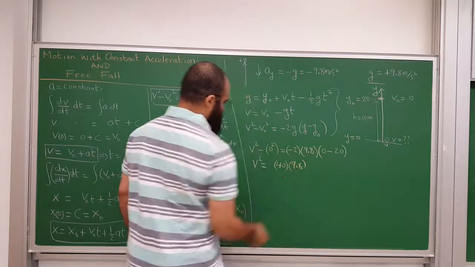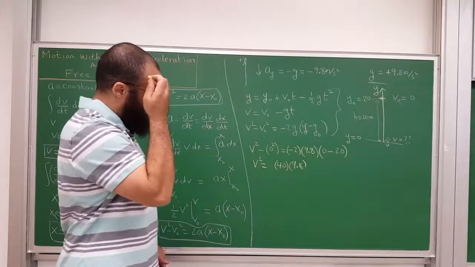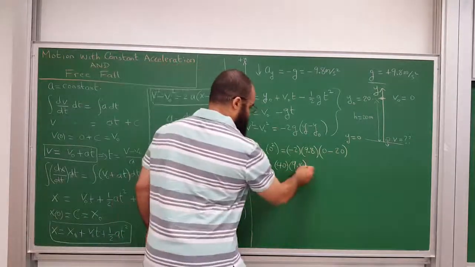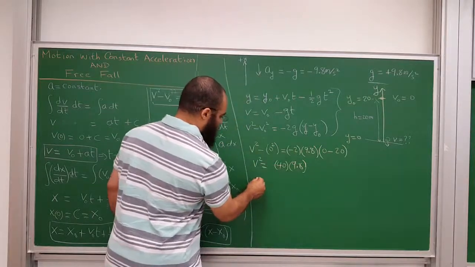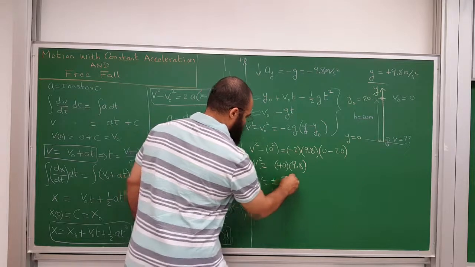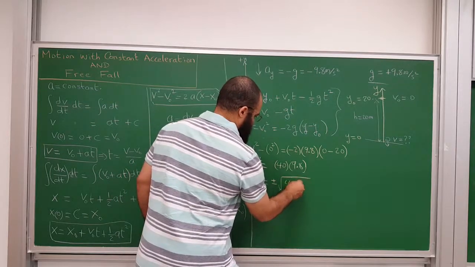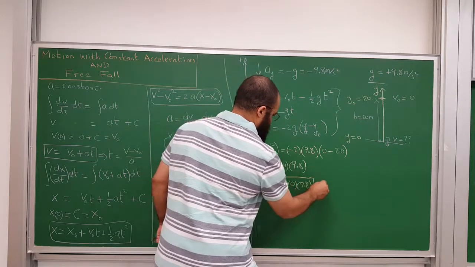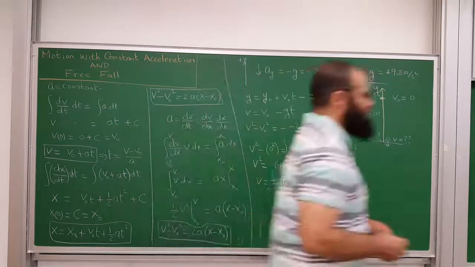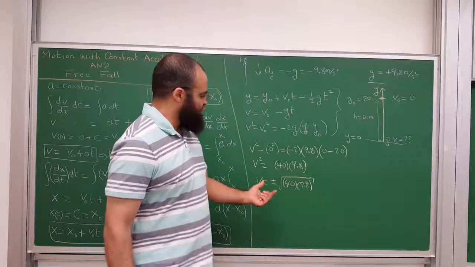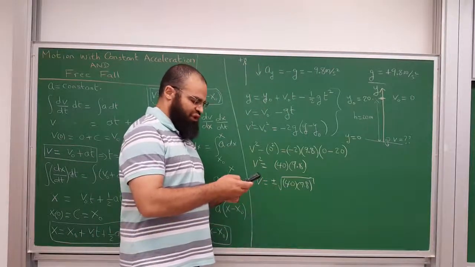It better be a positive quantity here because it's v squared, and otherwise you would be taking the square root of a negative number, which is a complex number. The velocity should be some real number. So v will be plus or minus the square root of 40 times 9.8. 40 times 10 is 400, and the square root of 400 is 20, so this will be approximately 20.